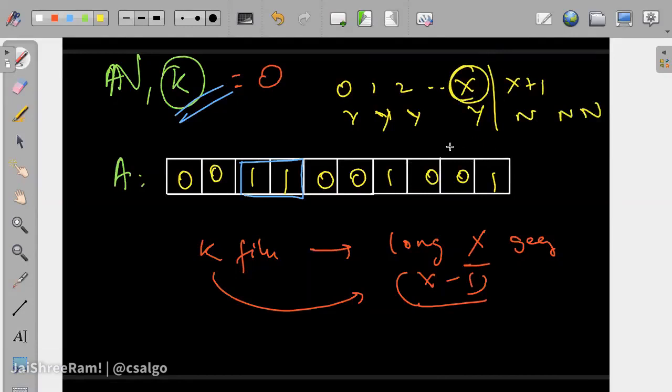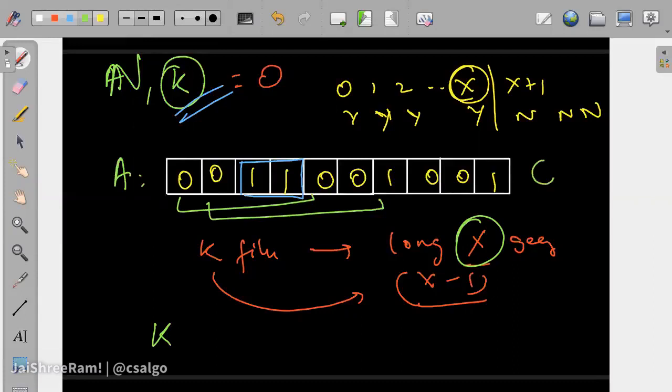Now how do we search for the longest range that you can create? So now we have binary searched on the length, right? So now we know which length to check. We need to find out, can we make some length x in the array which has all ones using k flips? So how do we do that? If you're checking for some length x, check every segment of length x, right?